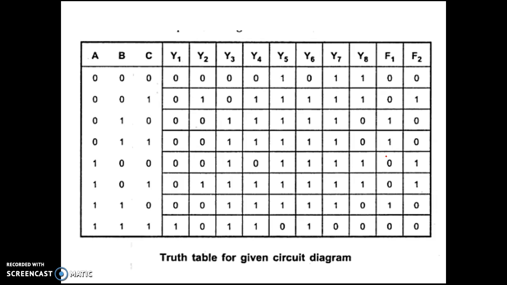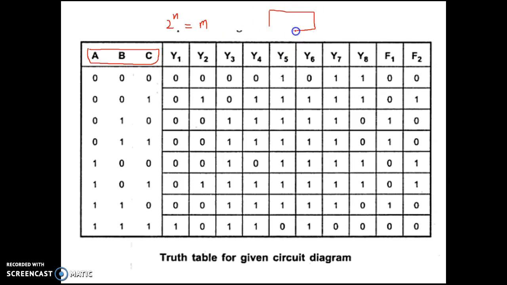This is the truth table of the previous example. In the previous example, there are a total of 3 variables, A, B, C, and we need to specify 8 output variables here. Let's say one big relation: 2 raised to n equals m.